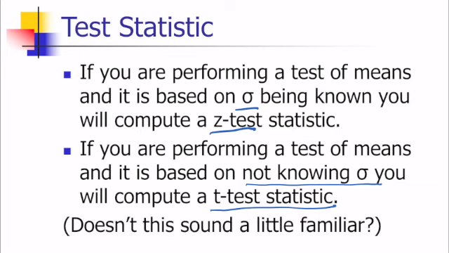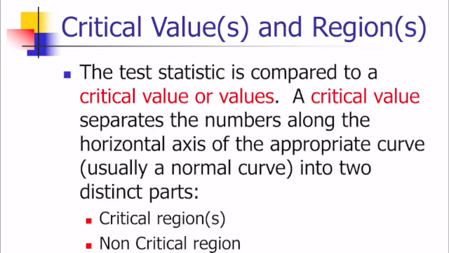So, the test statistic is compared to a critical value, okay? The critical value separates numbers along the horizontal axis of the appropriate curve, it's always going to be a normal curve, into two distinct parts, a critical region and a non-critical region. So if I had a critical value of negative 1.96, it could be the case that this is my non-critical region and this is my critical region.